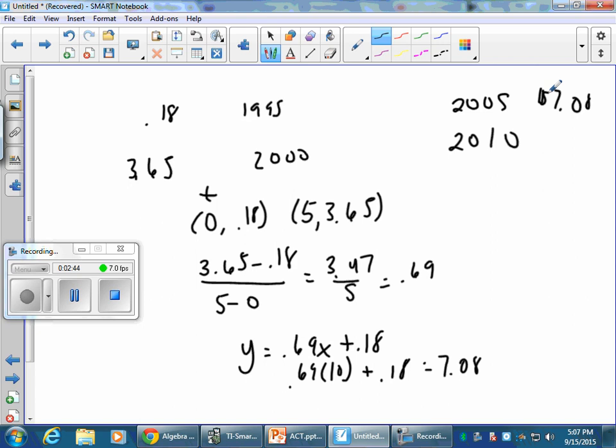And in 2010, I would plug in 15 years. So 0.69 times 15 plus 0.18 is 10.53. And so in 2010, I would expect it to be 10.53 cash flow per share if it follows this linear relationship.